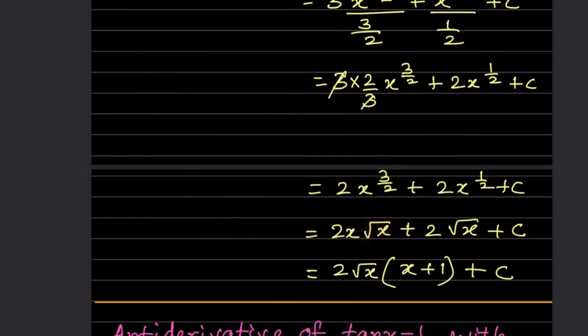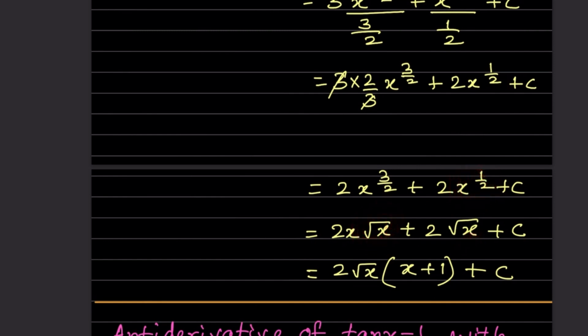Hope you got this one. This will be x into root of x. And here we have 2x^(1/2), so that is going to be root of x. So hope you got this. Why did we write here root of x? Because here we were getting root of x.